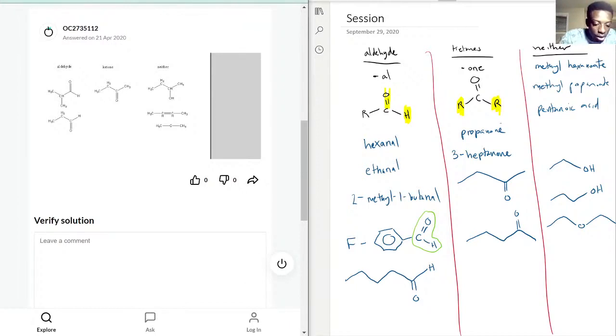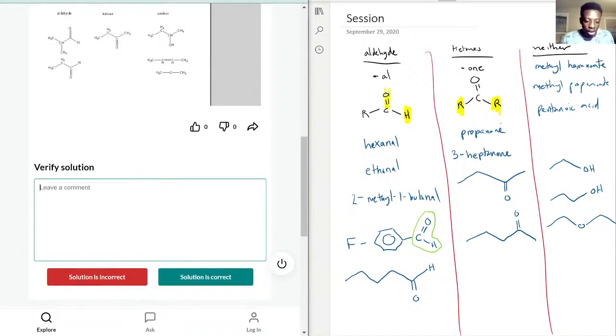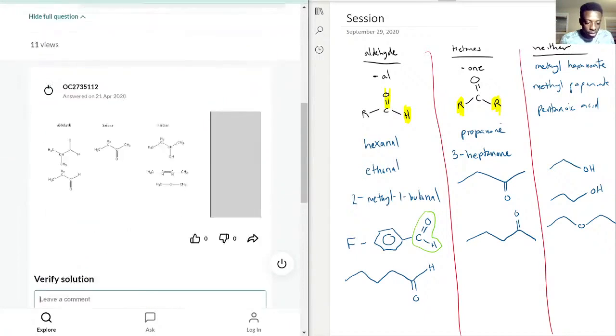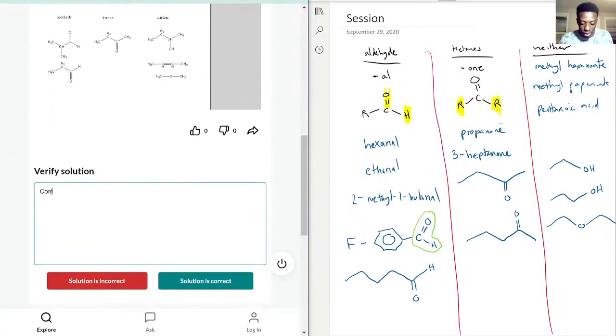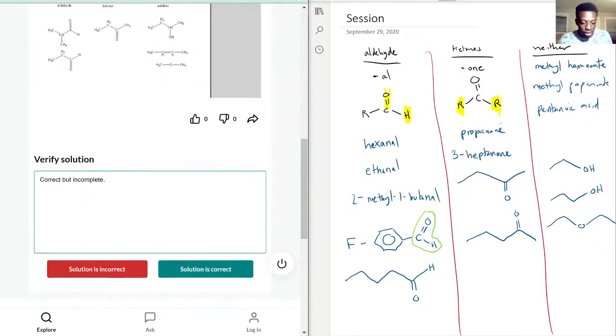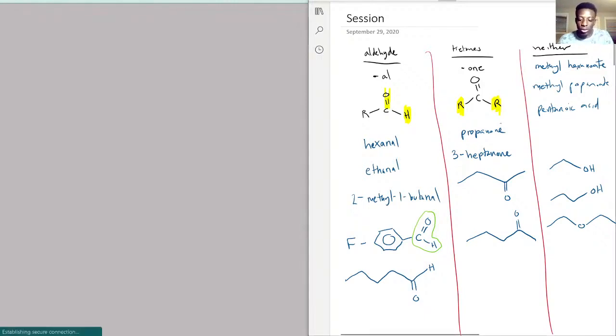So that's good. Ketone, they did show that there's 2 functional groups on either side, and neither, they just put everything else there. So that is correct. And so with that, let me just put correct but incomplete. They did have the right basis for this question, so I'll mark that as correct. So let's go on to the next one here.